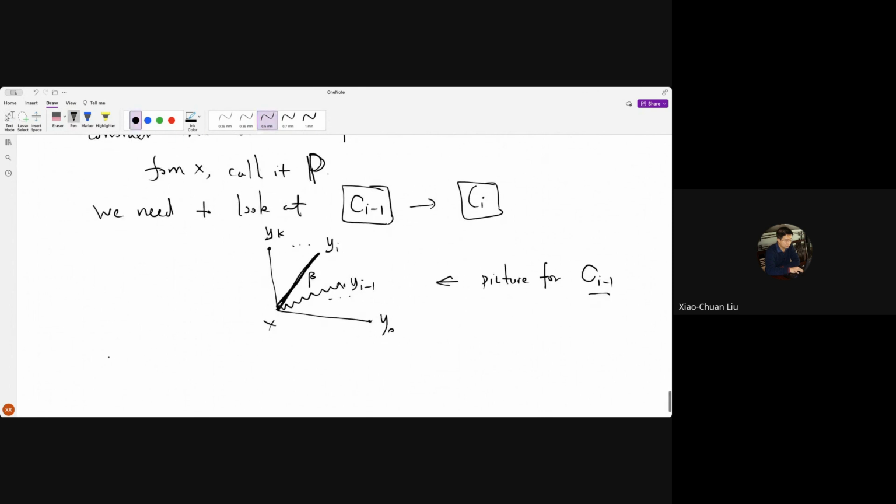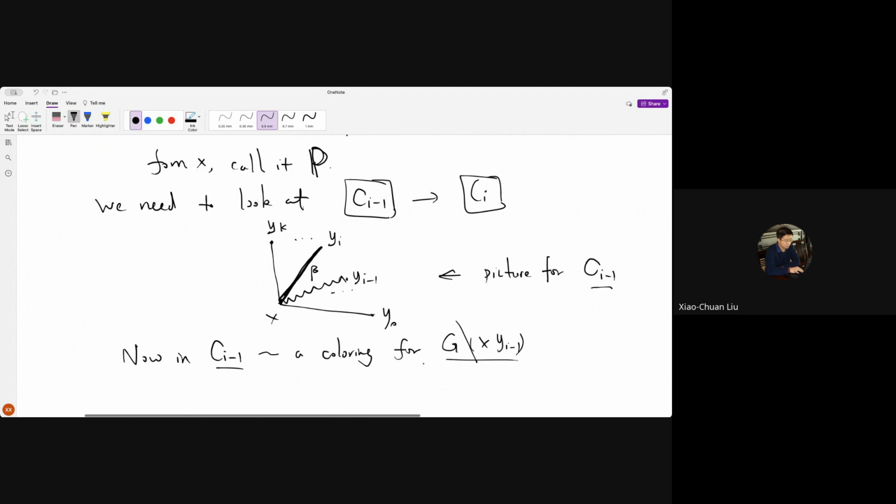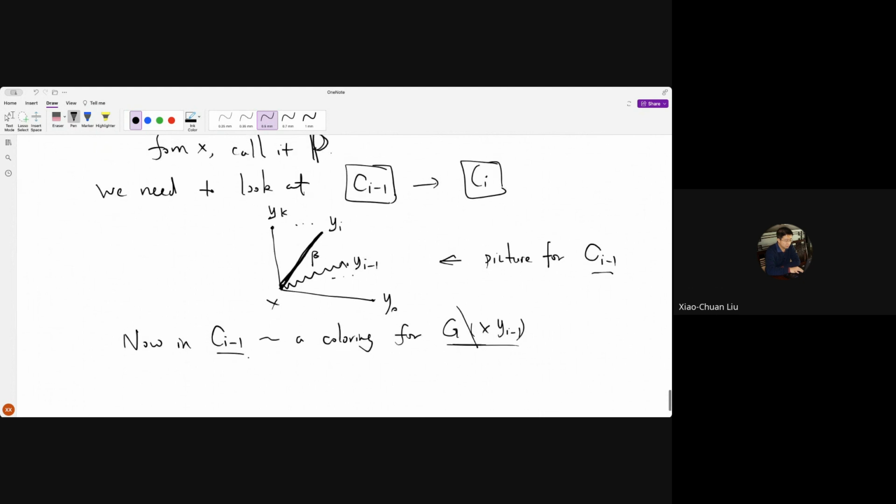So now if you look at this picture, it is C_{i-1}, which is a coloring for the graph G minus x y_{i-1}. So you have to write every coloring, and remember it's a coloring for which graph. So the graph changed. If you look at this, you see x misses alpha. x always misses something, it doesn't change.